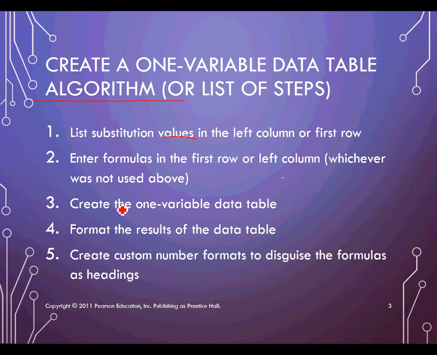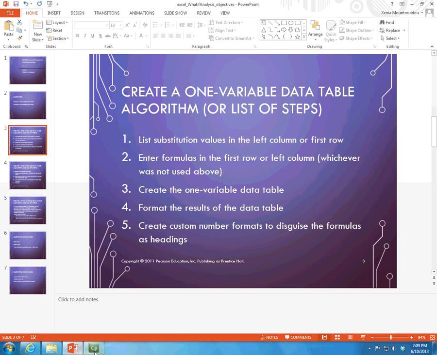Then create the one variable data table, format the results, and create custom number formats. Now this sounds like Greek until we do an example and follow these steps carefully.